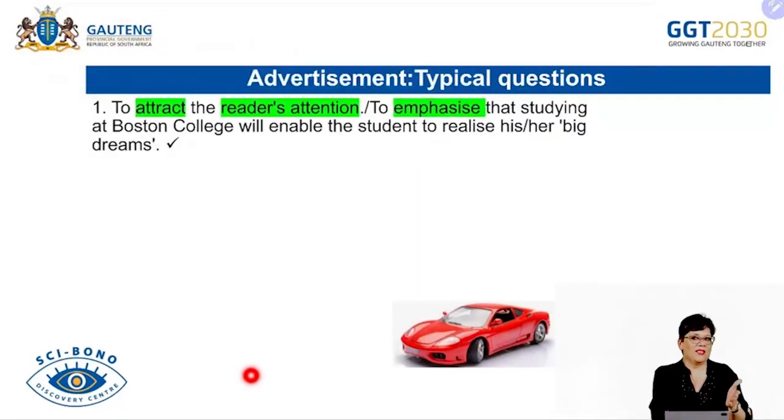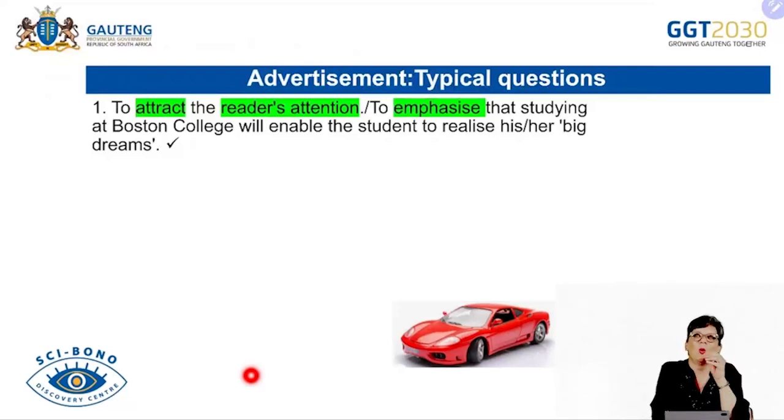So, remember the first question, why is the word big written in big letters or in a larger font? Now, if ever words are written in a larger font or you have a picture that's bigger than other pictures, obviously it's to grab your attention. But it's also there to emphasize, but you can't just tell me to emphasize.